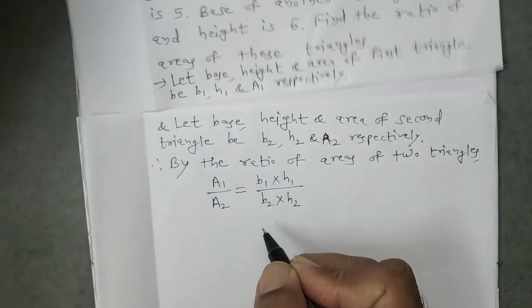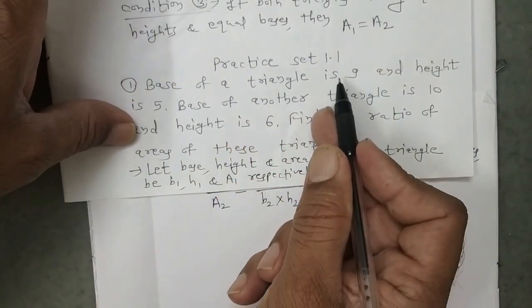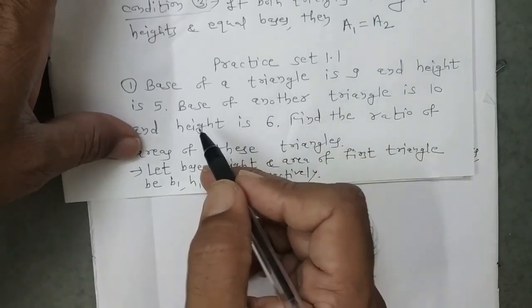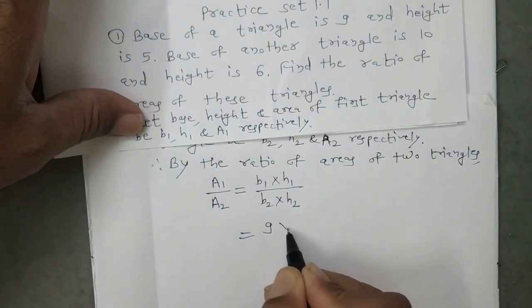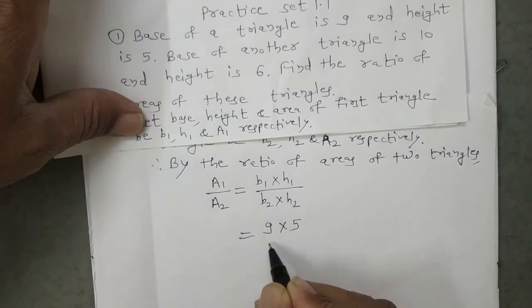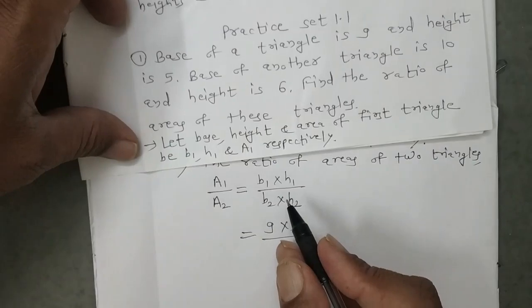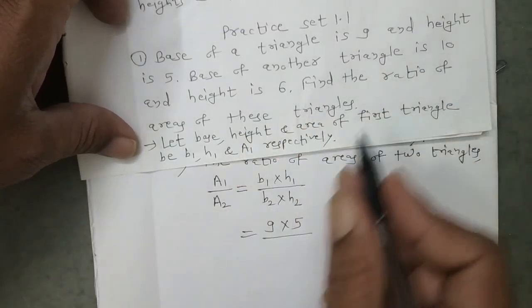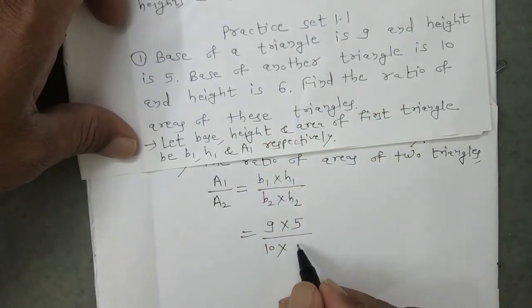Now we are given the values. For the first triangle, base is 9 and height is 5, so it is equal to base 9 into height 5, divided by, for the second triangle, base 10 into height 6.